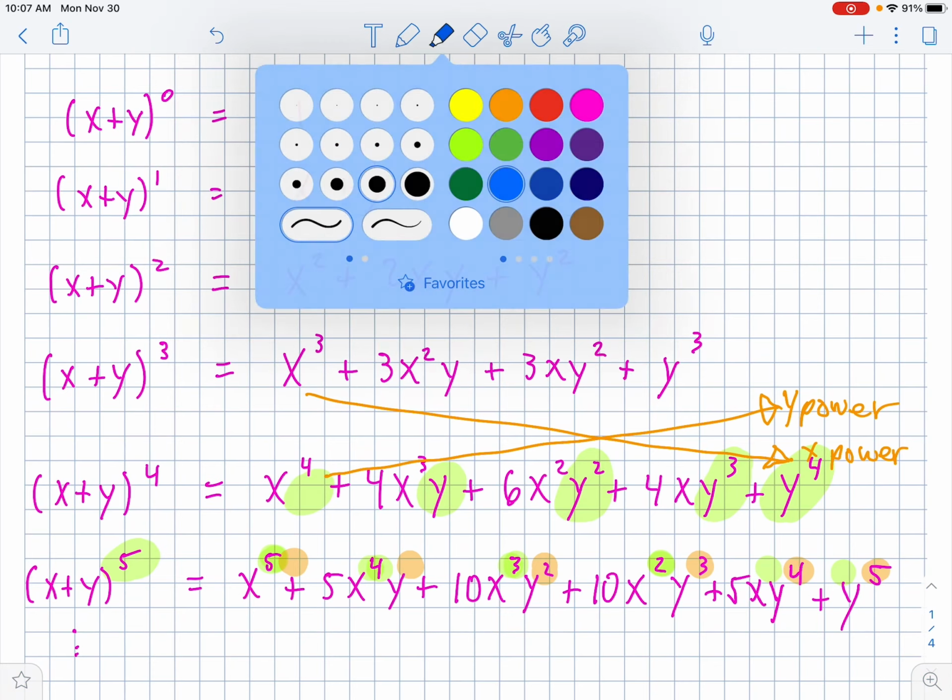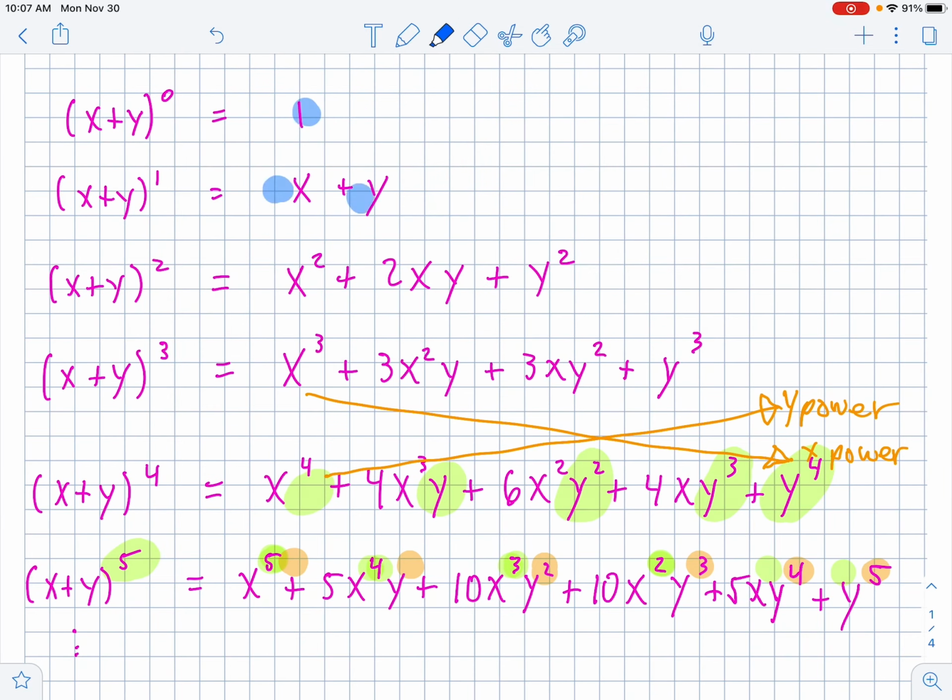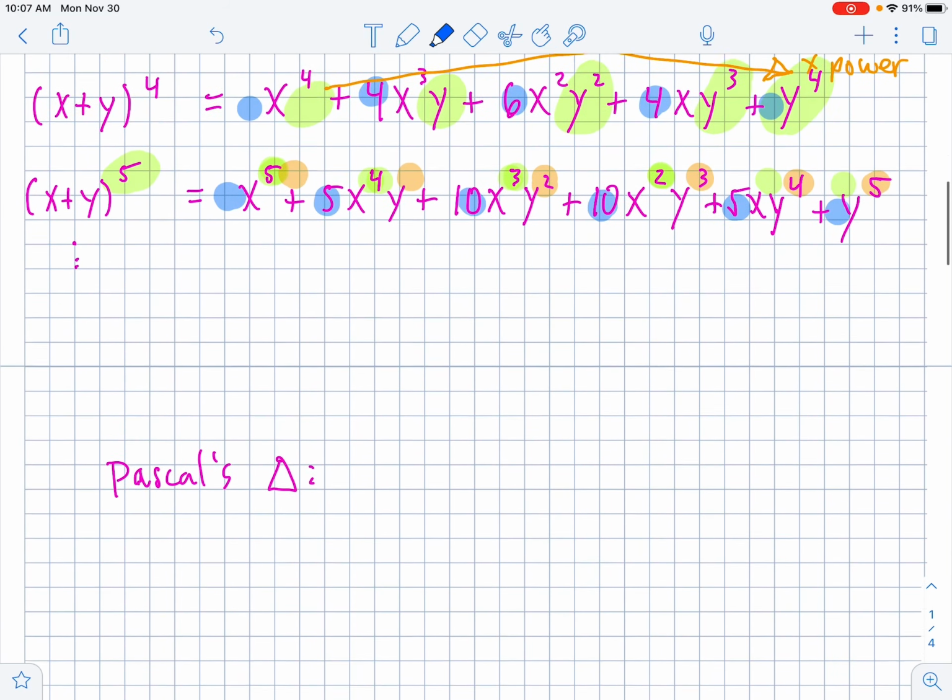Everything is going badly today. Let's do blue. 1, 1, 1, 1, 2, 1, 1, 3, 3, 1, 1, 4, 6, 4, 1, 1, 5, 10, 10, 5, 1. You guys, let's just take all those coefficients and put them on their own.